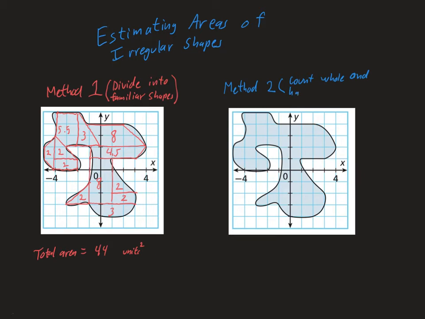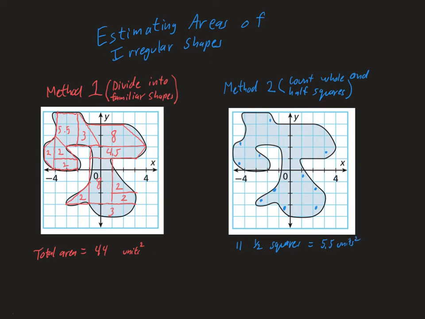So I'm going to first start by putting a little blue dot on all of the half squares and add up the area of all the half squares together. So I counted them and I got 11 half squares. So the area of all of those half squares is 5.5 square units.